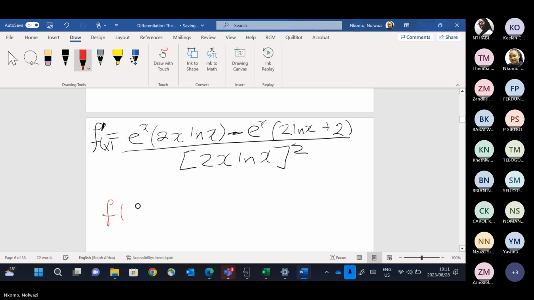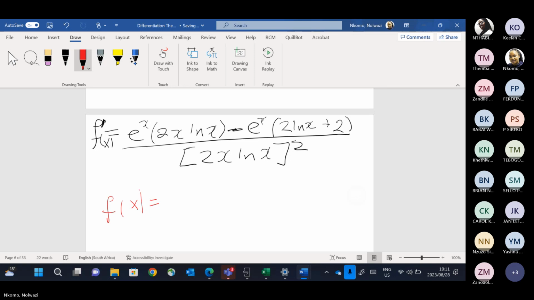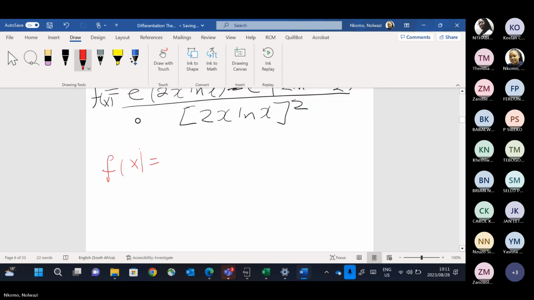Please, let's try and work on this one. f at x is 1 plus e to the power 2x over x squared.